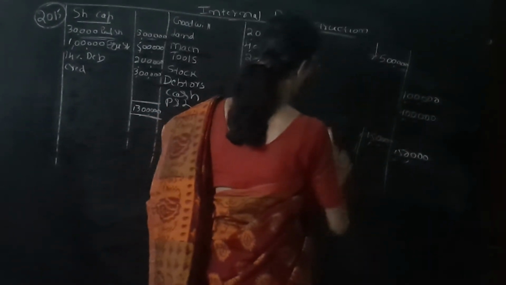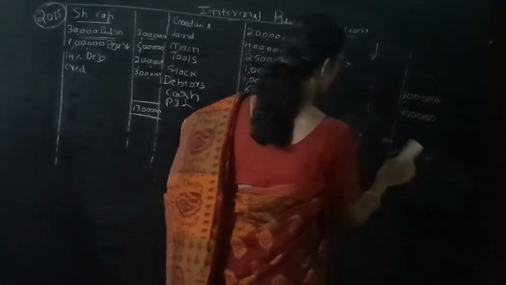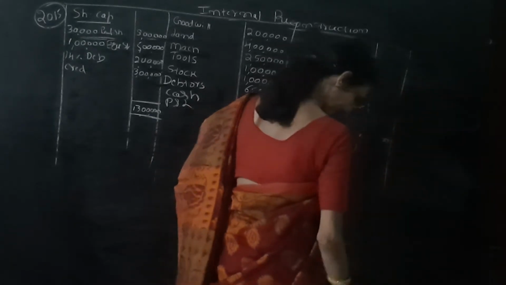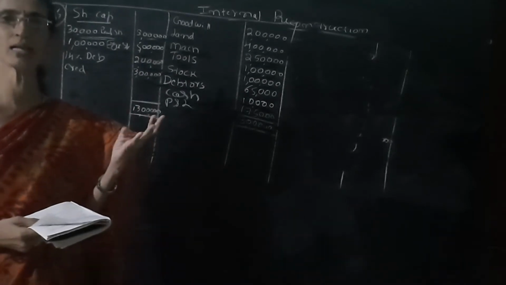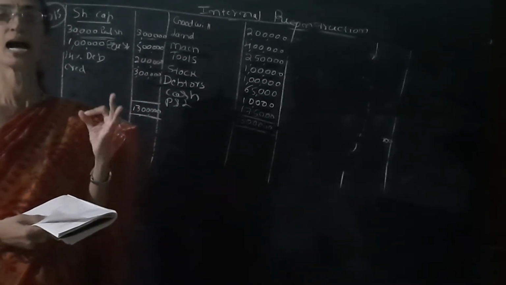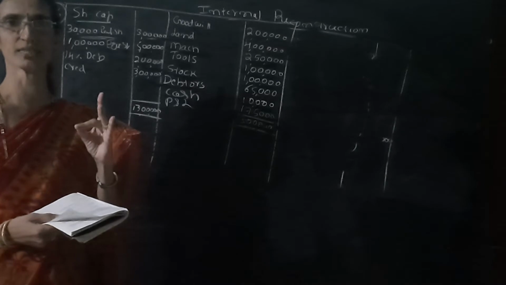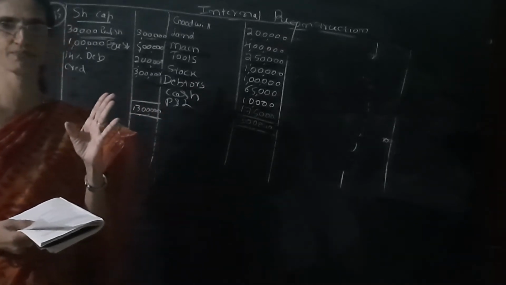So here always remember, when you are writing off the assets, first we have to take into consideration fictitious assets. Fictitious assets here are goodwill, profit and loss account and preliminary expenses, which are given on the asset side.